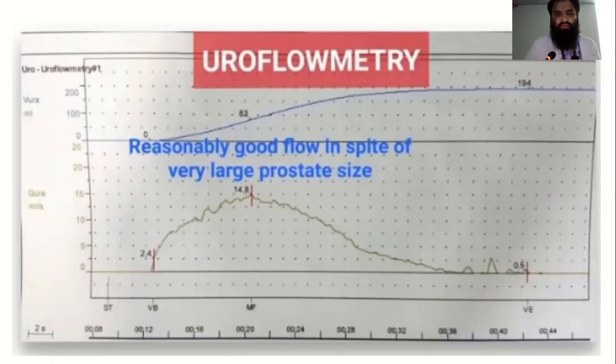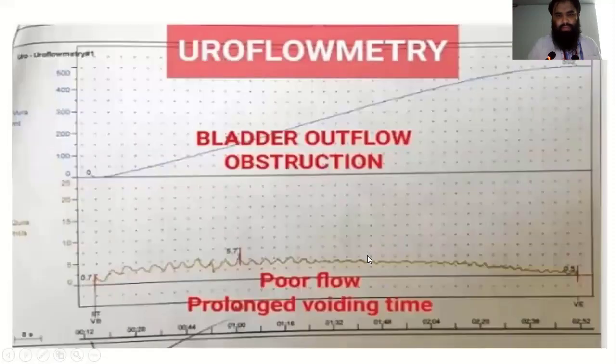The maximum flow rate is 14.8, and it makes a bell-like curve. This is the poor flow with prolonged widening time, and it's mostly in bladder outflow obstruction. The urine started at 0.7 ml per second, and its maximum is 5.7.